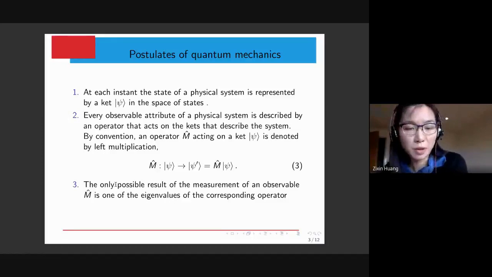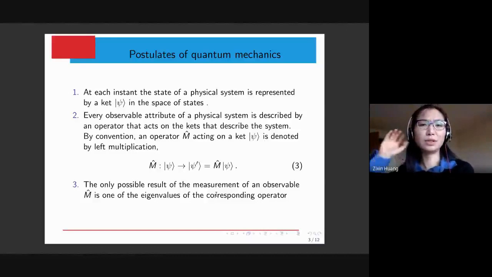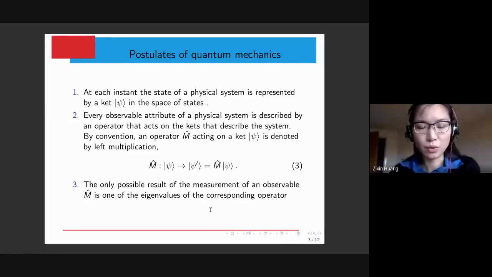And the third postulate of quantum mechanics states that the only possible result of a measurement of an observable m is one of the eigenvalues of the corresponding operator. So what does this mean?